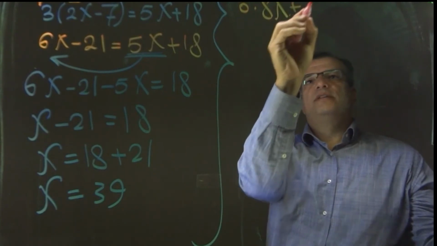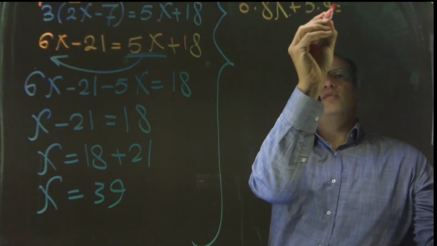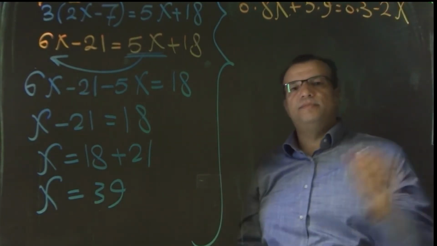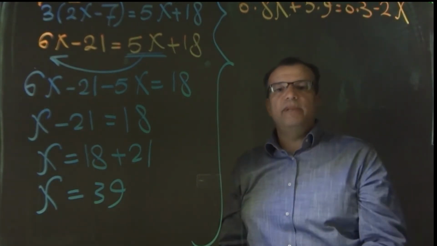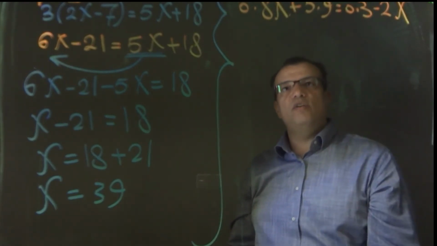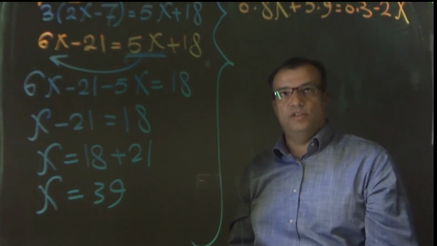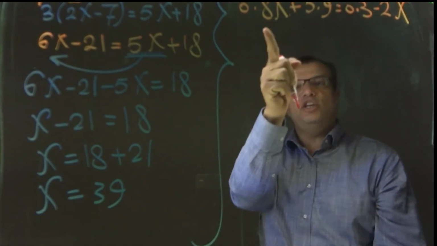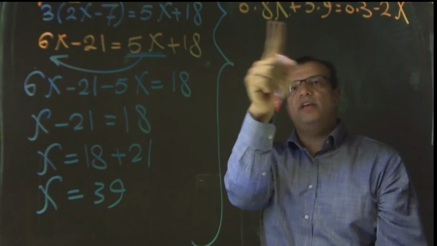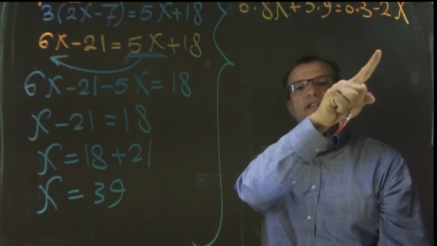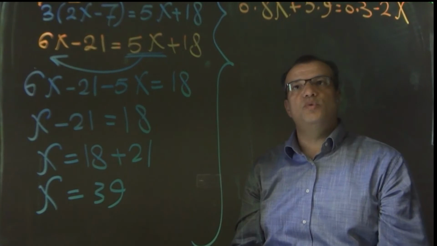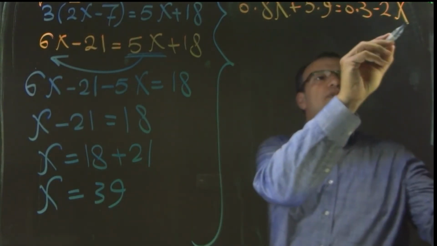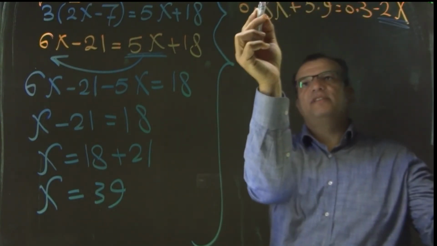Okay, let's move to another equation: 0.8x + 5.9 = 0.3 - 2x. This is a decimal equation, and I need to find the value of x that satisfies it. First, collect x's. You have an x on each side. What should I do? Yes, move the smallest x to the greatest x.